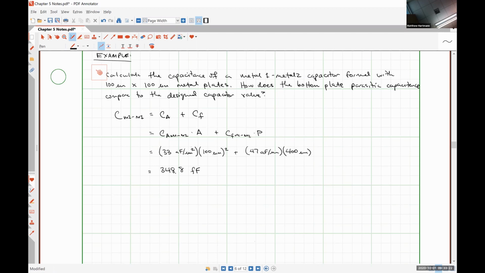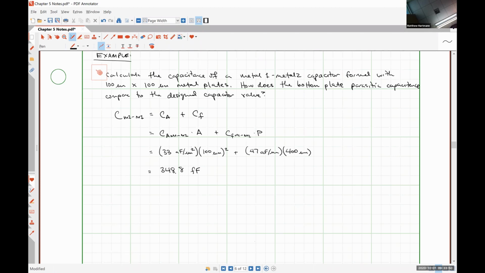So that would be 10,000 microns squared. So 100 times 100 divided by 90. So the area of the metal plate capacitor is literally 111 times as large, while only giving us a 4 times increase in capacitance. So that's how disparate making a poly-poly capacitor versus a metal capacitor is.